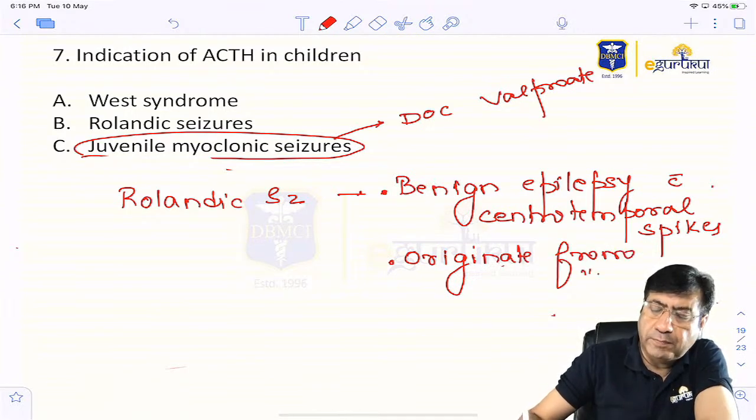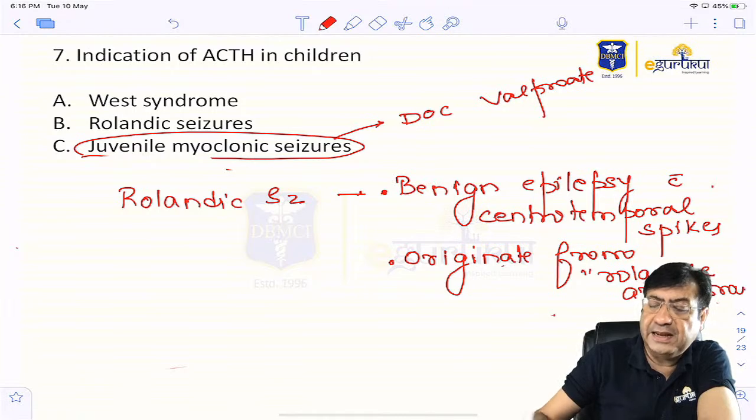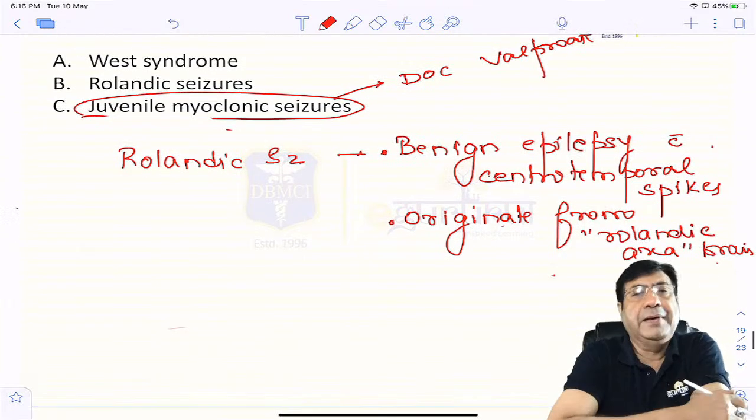That is why their name is Rolandic epilepsies.